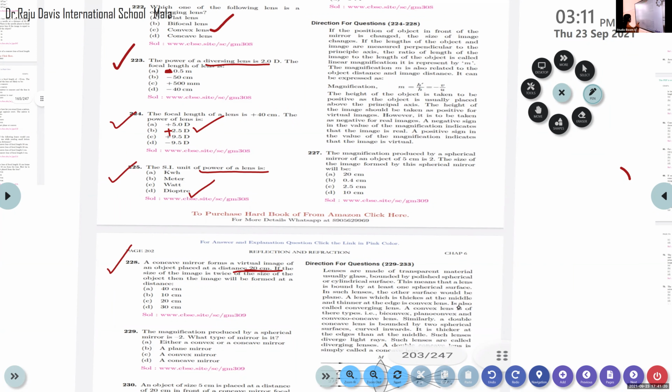A concave mirror forms a virtual image of the object placed at a distance of 20 centimeter. If the size of the image is twice as the size of the object, then the image will be formed at a distance of. So here we can find out the image distance. What is the equation we use to find the image distance?